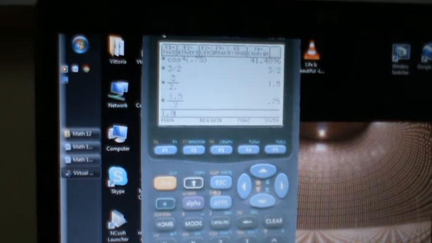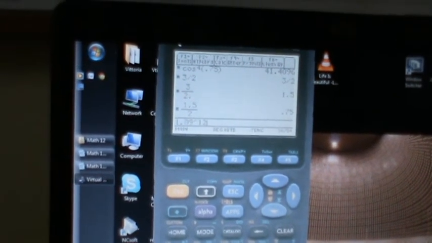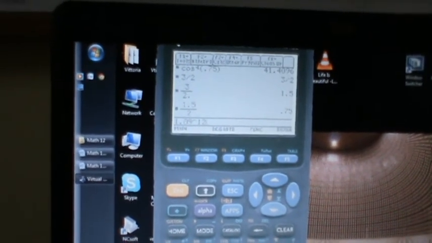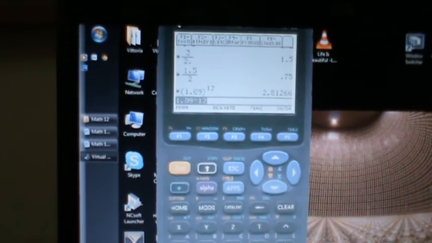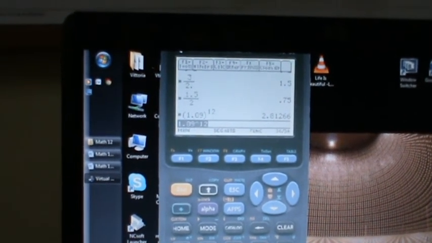And I've got a calculator here on my computer, and let's see, 1.09 to the 12th is equal to, I'm getting 2.81.